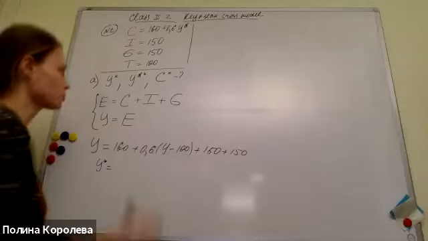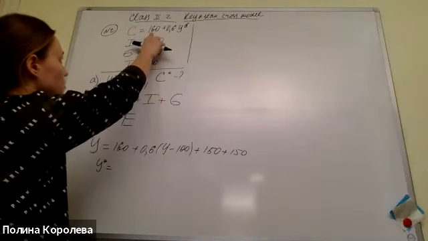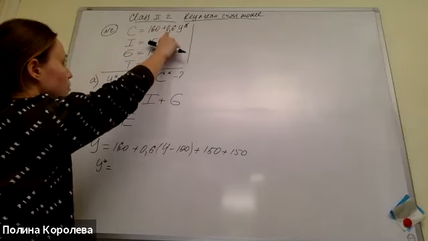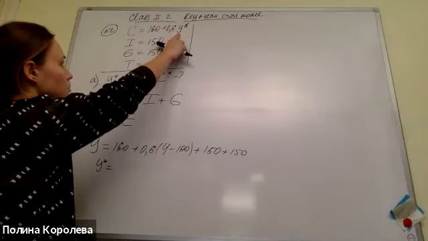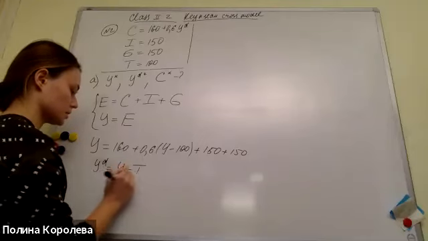I'm sorry, why don't we put net taxes here? One more time, consumption is autonomous consumption plus marginal propensity to consume times disposable income. Disposable income is our income minus taxes.